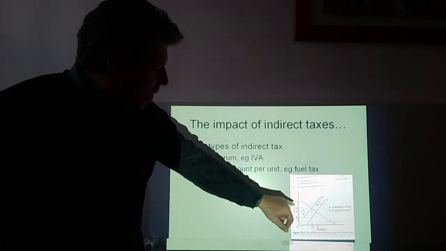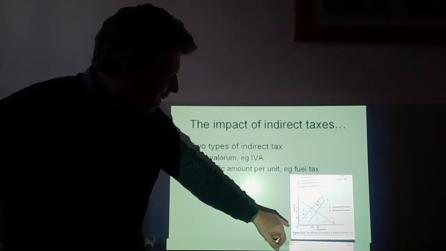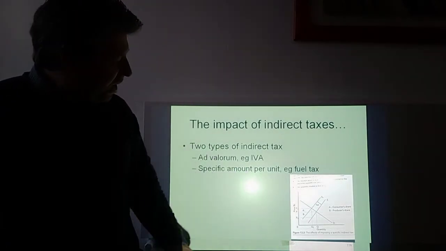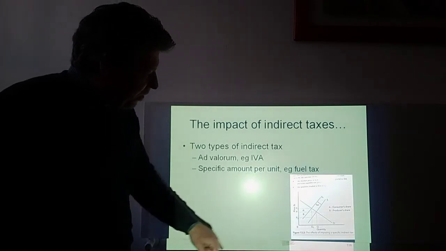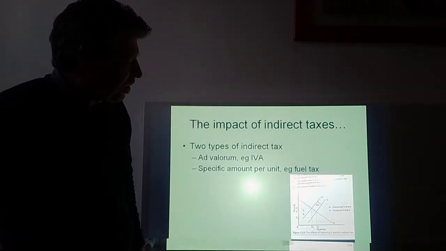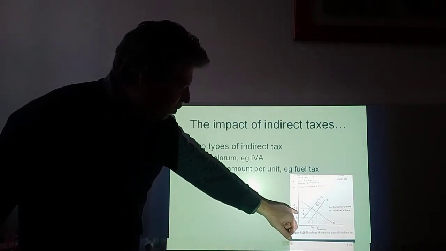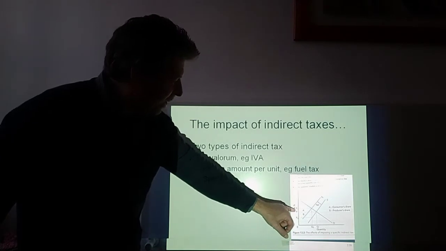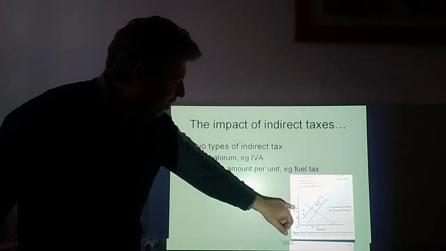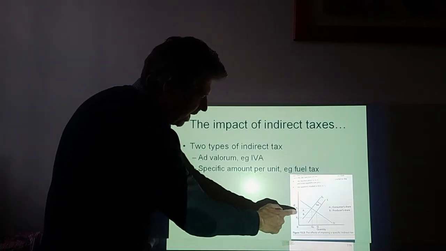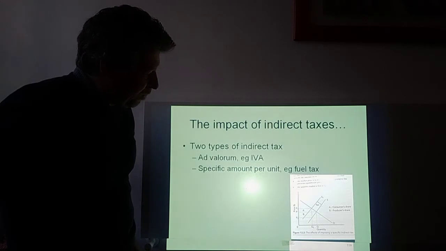The tax will impact on the producer and the consumer. If you look at this diagram, the tax will reduce the supply. The original equilibrium price is here. The price that the customer pays is a little bit increased to P1.